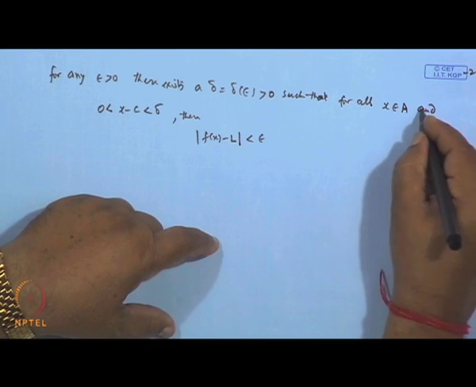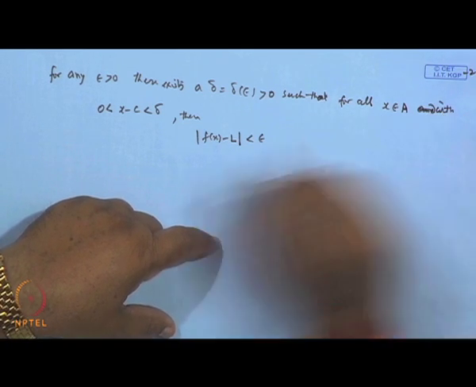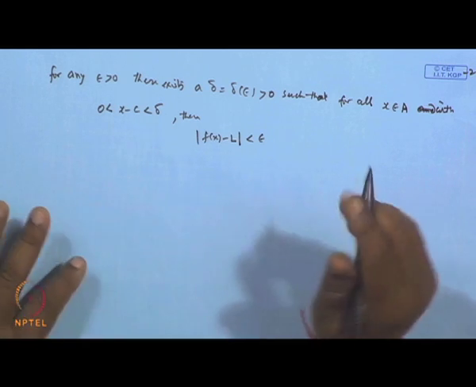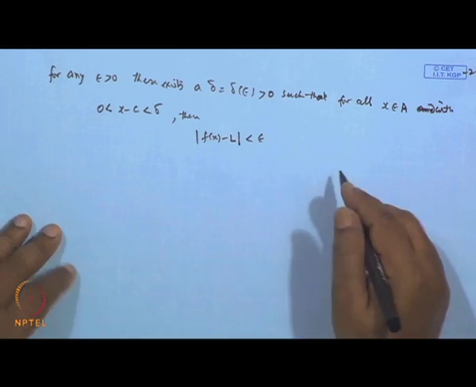So, for all x with 0 less than this. So, this is called the left hand limit.